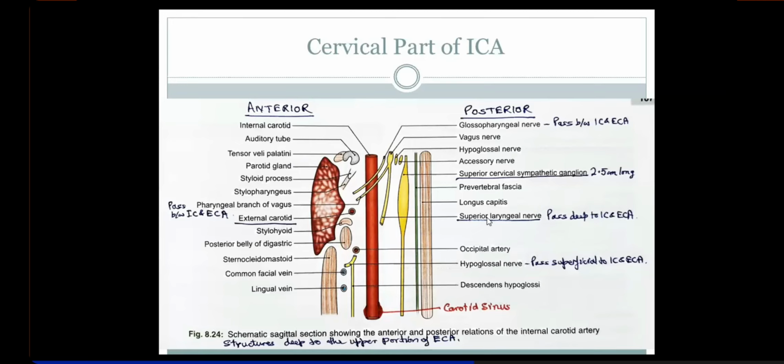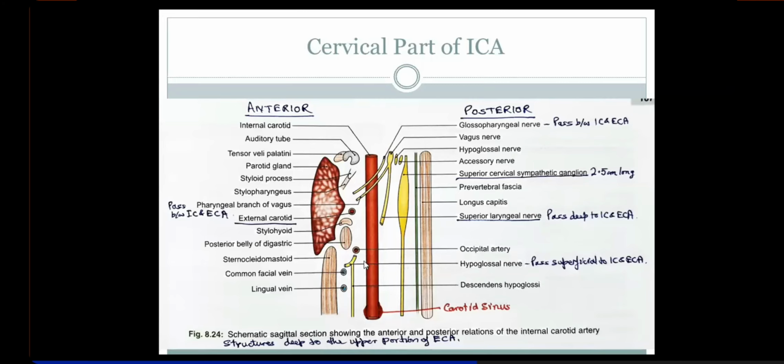Then what passes superficial? You must be knowing. We told you this when we were teaching the tongue, rather the branches of the external carotid, if I remember. There I taught that the hypoglossal nerve is superficial to both the external and internal carotid arteries.